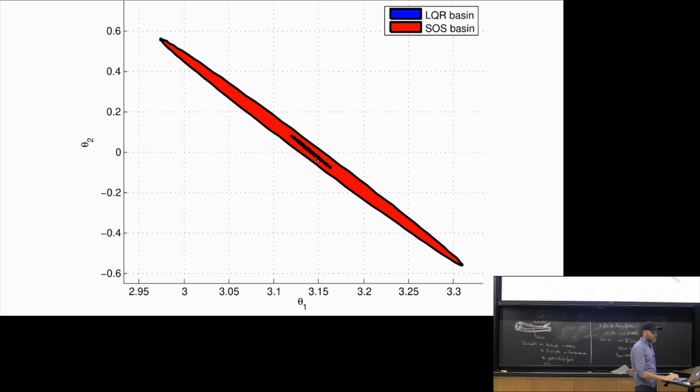Little itty-bitty LQR basin of attraction, really pretty big polynomial basin of attraction. If you optimize the controller and the Lyapunov function simultaneously, you can find a balancing controller at the top, which is just a polynomial, with a lot bigger region of attraction than the original LQR controller. Which then means, of course, you've got a bigger region that you can land in. All of your trajectories can potentially be bigger.